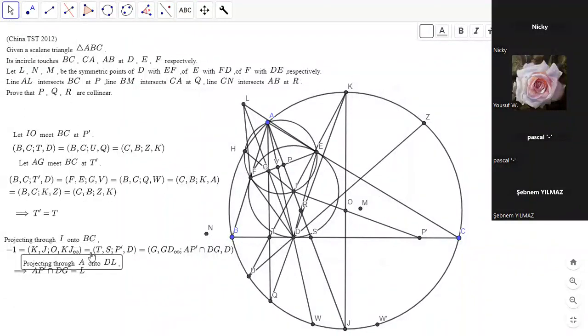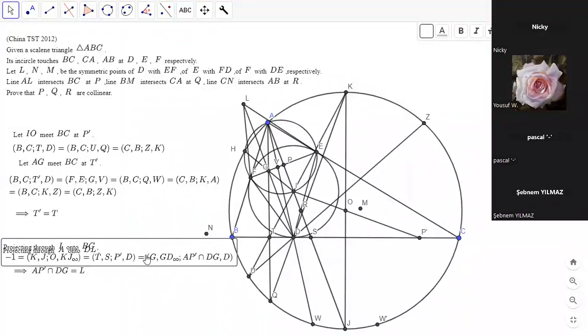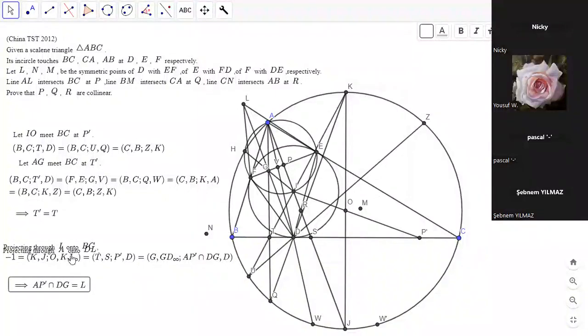There we go. So just do it something like this. Just put both of them.